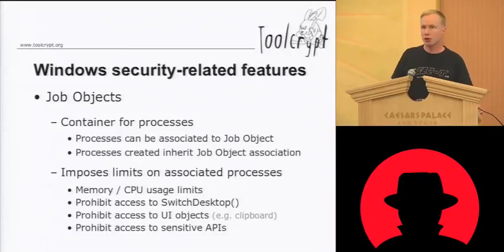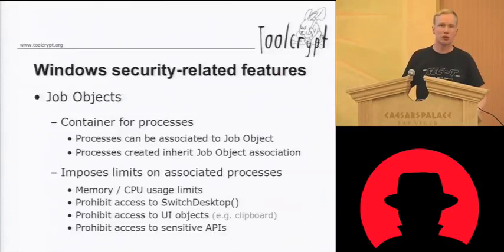For example, in a terminal services environment, you have several users that log in, and you want to set caps on, for example, CPU usage or memory usage, so that one user wouldn't be able to hog system resources and degrade the experience of other system users. So Microsoft implemented what's called a job object, which you can create and assign processes to. The job object can set a number of different limits.